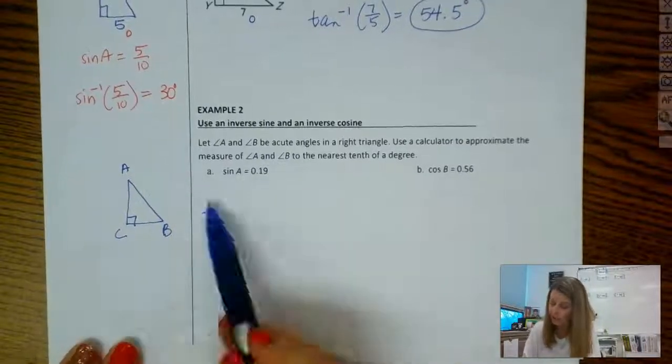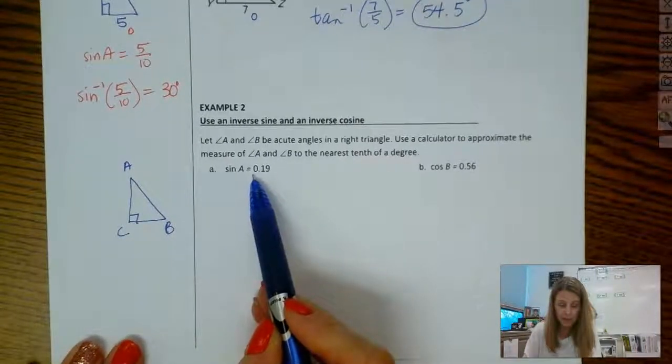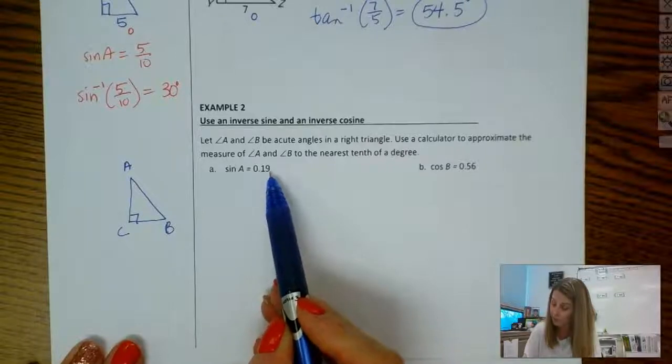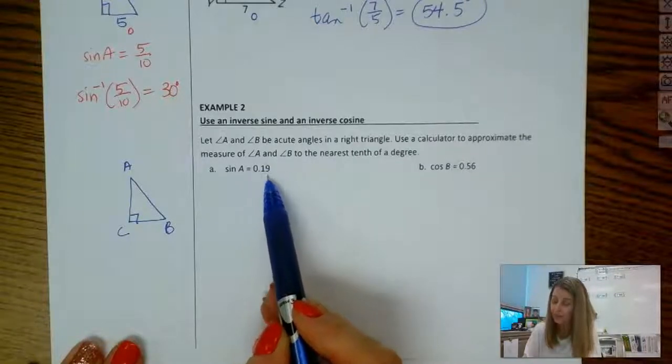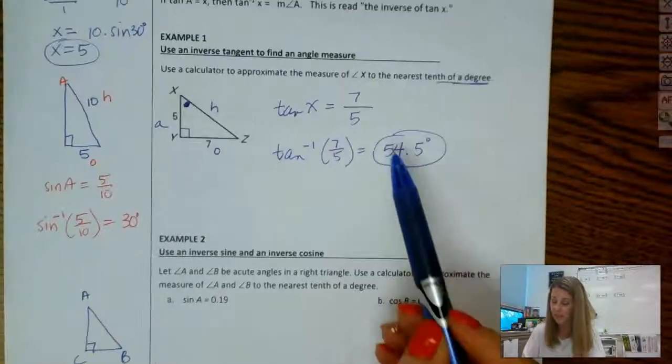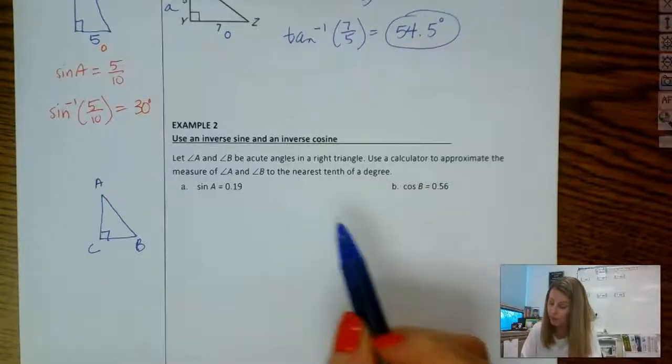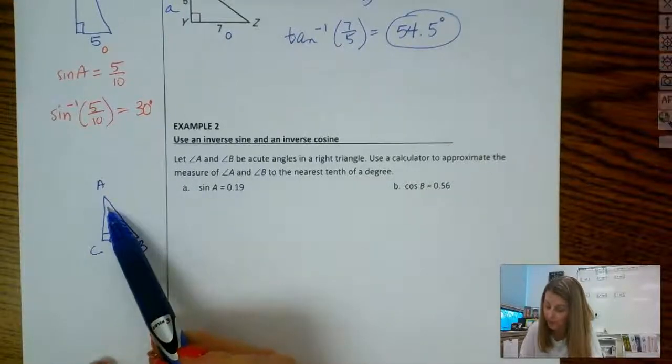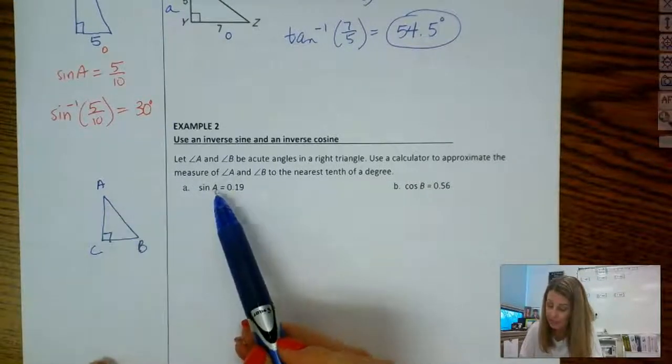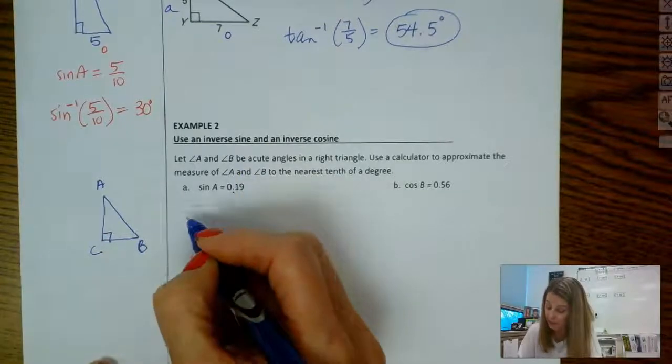Okay, so from this picture, the sine of A equals 0.19. All right, so this has been divided out for me. So instead of leaving it like a fraction, it's just turned into a decimal. So if I want the angle measure, I need to do the inverse sine of this.